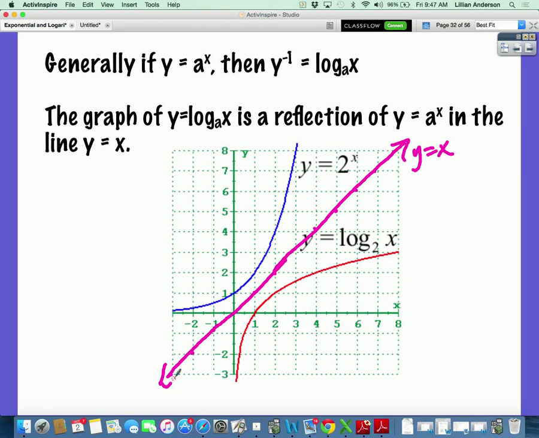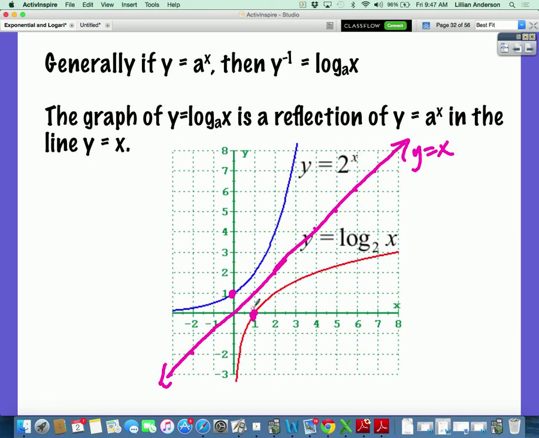You flip the x's and y's, you flip the points on the original. On an exponential function, we know for sure that one point is (0, 1), which is the y-intercept. So on the inverse, what would be a point? (1, 0), which, as you see here, is indeed a point on your inverse.